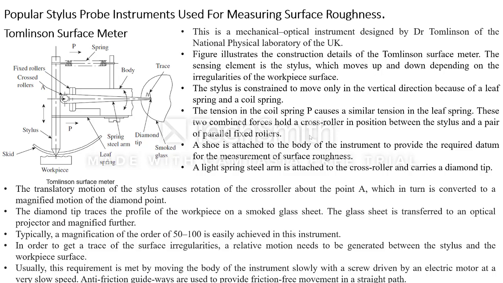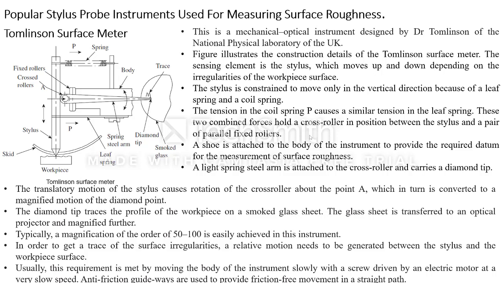Among those imperfections, roughness and waviness are the important ones over the surface, which result in the measurement of the finishness of the product. As I have already discussed, there are two methods to measure the finishness. One is by doing comparison, which generally we can't rely on, and the second one is direct measurement. So this Tomlinson surface meter is a direct measurement.